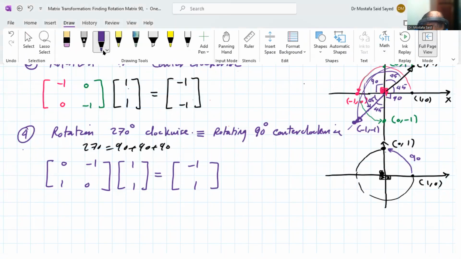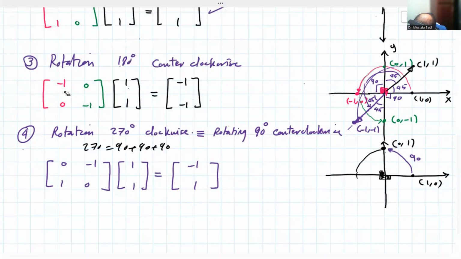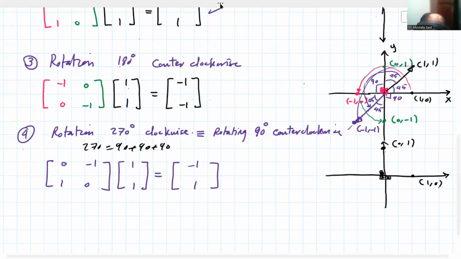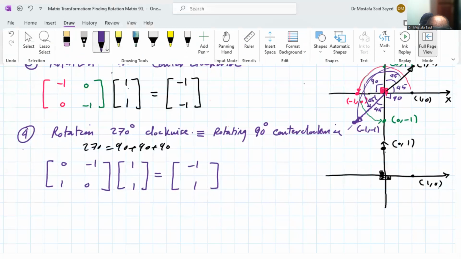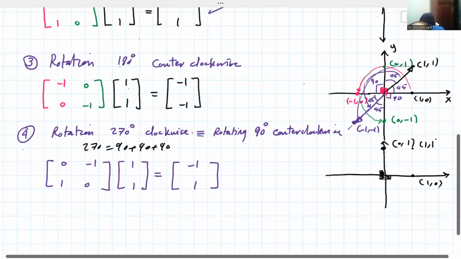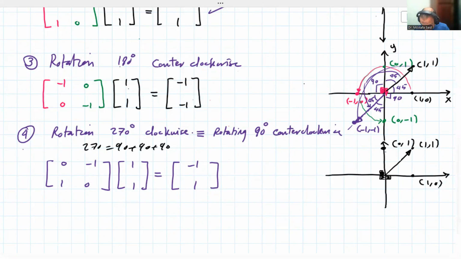Okay, so let's do that. Let's remove all that stuff here. Okay, I'm going to do it directly. So that's the vector 1, 1, and we're going to move it 270 degrees clockwise.